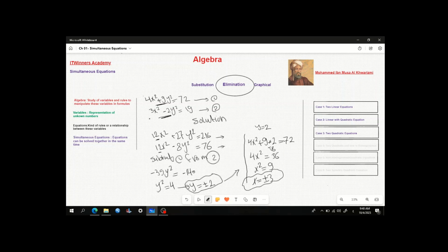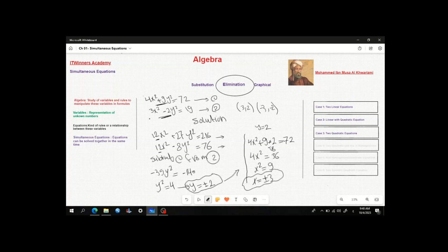Okay, and if I substitute by negative 2, I will obtain that same solution. Now I have 2 points of solution, (3, 2) and (-3, -2).